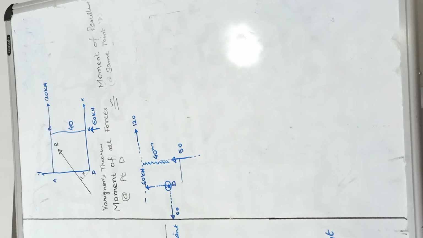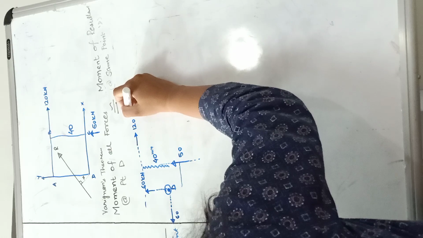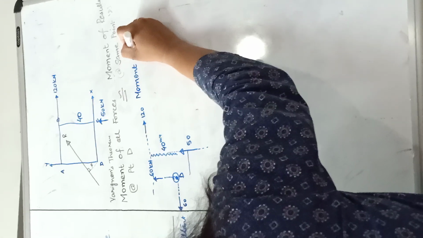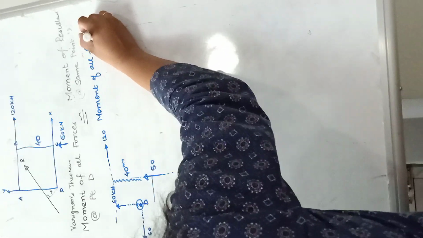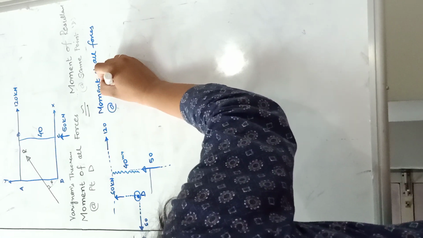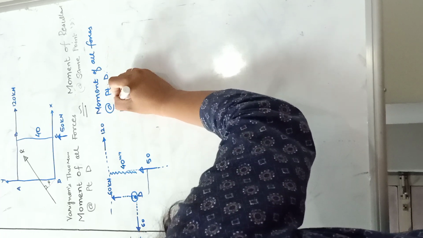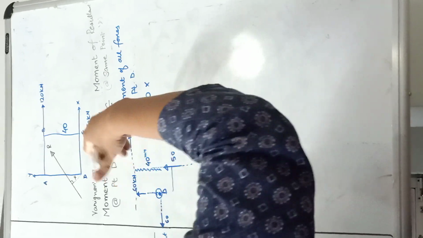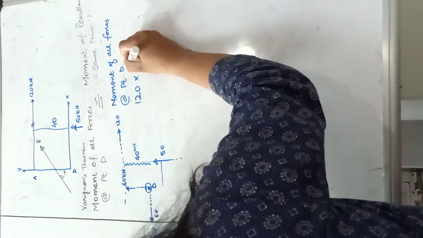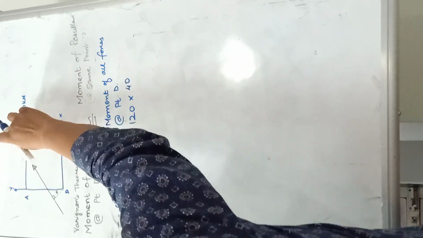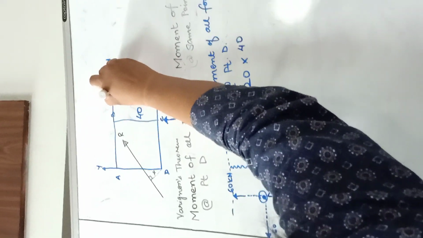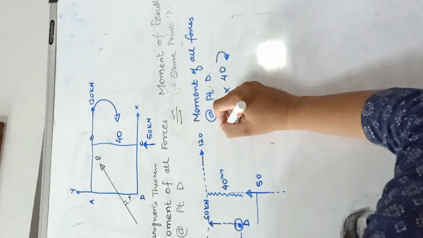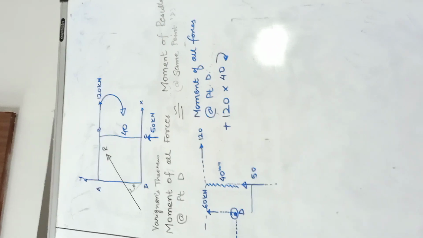Now the moment of all forces about point D: 120 into the perpendicular distance. As the force is horizontal, the perpendicular distance will be vertical, that is 40. It will try to rotate in a clockwise direction, so that is considered positive.